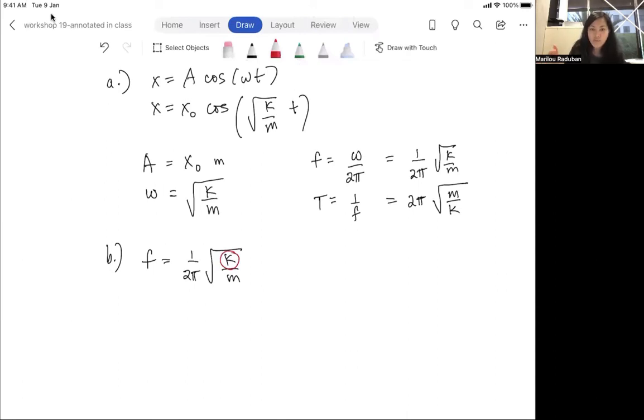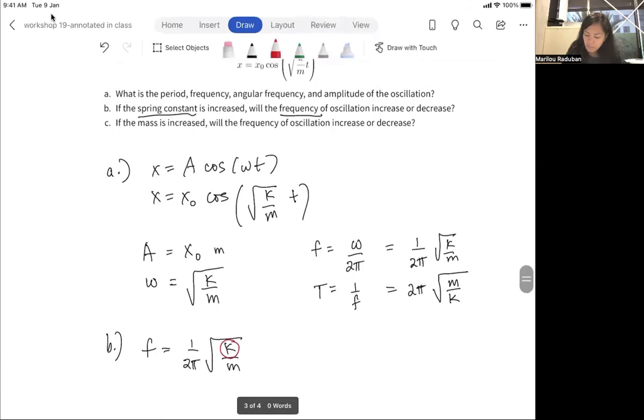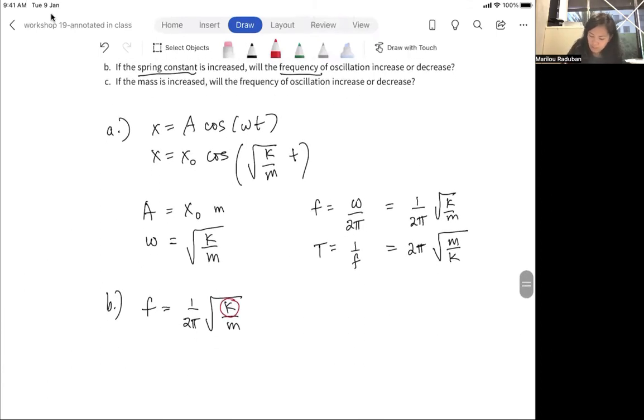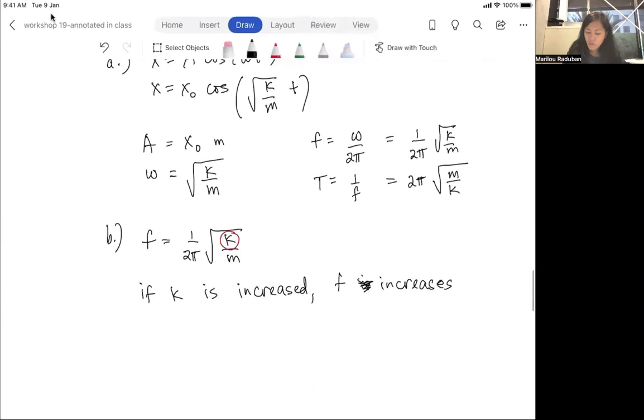And we've learned that direct proportionality means if one increases, then the other increases, right? So that means that if spring constant is increased, then f should also increase. f increases as well. And you can try that. You can try to put numbers.